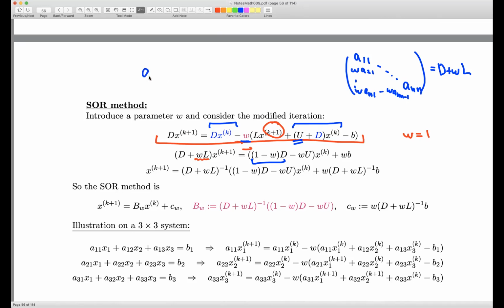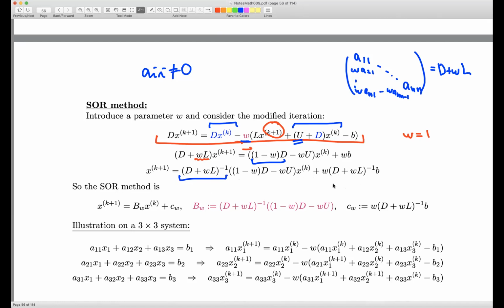Again, this SOR method is used when the diagonal elements a_ii are different from 0. So this will be an invertible matrix because all the elements on the main diagonal are different from 0, because remember, the determinant of this matrix is the product of the elements on the main diagonal, and if they are not 0, the determinant will be not 0, and therefore this matrix will be invertible. So we can multiply both sides by the inverse of this matrix, and this is what we're going to get.